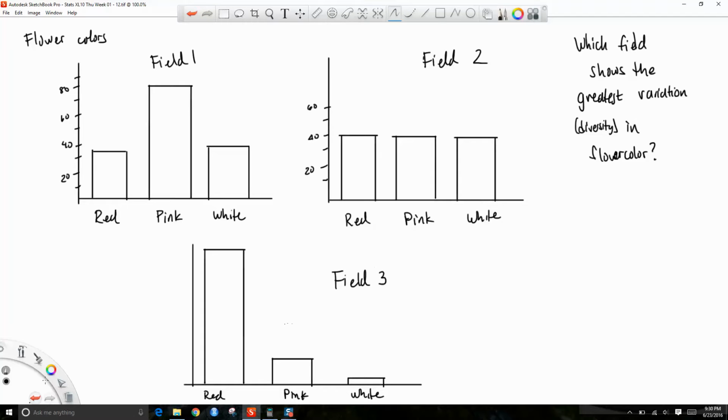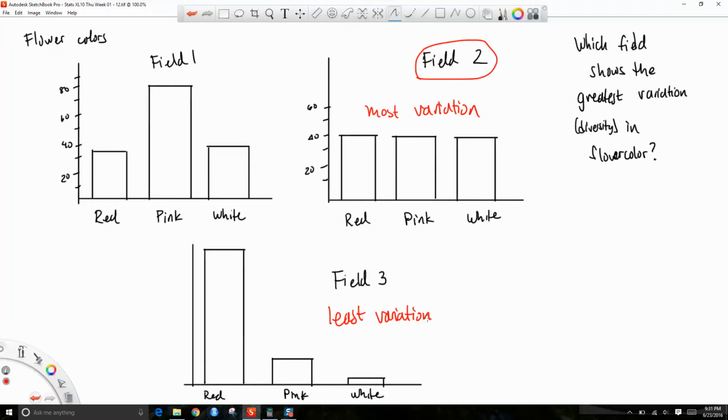Okay, and the answer is field 2 has the most variation. Field 3 has the least variation. And field 1 is somewhere in between.